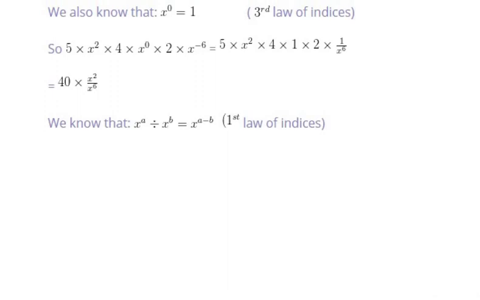So what we have is 40 times x raised to the power 2 minus 6, and that gives us 40 times x raised to the power minus 4.